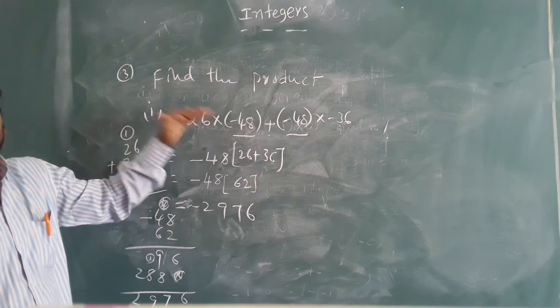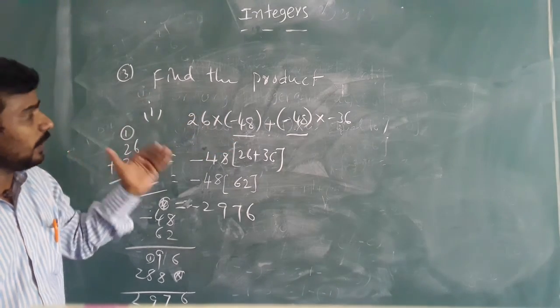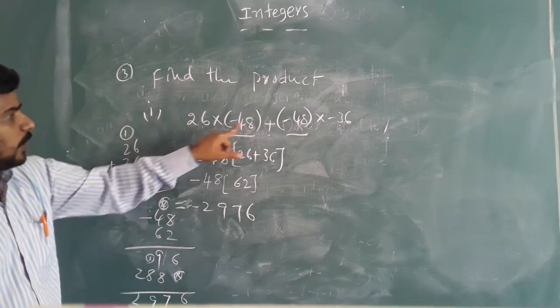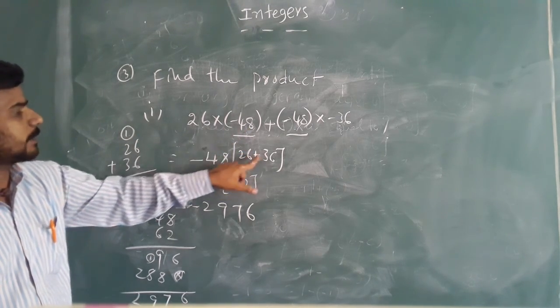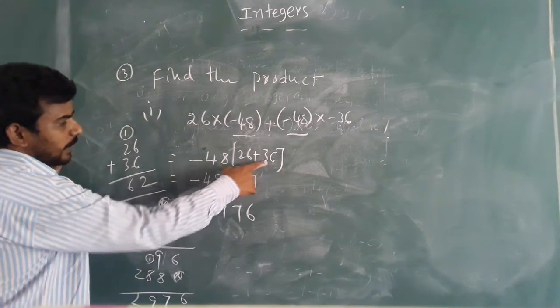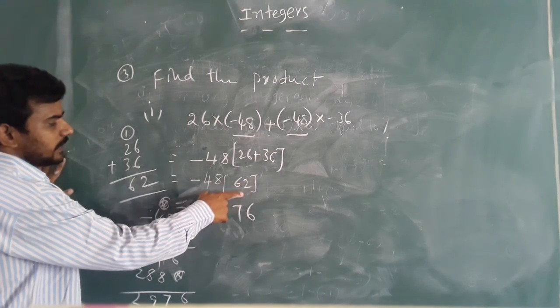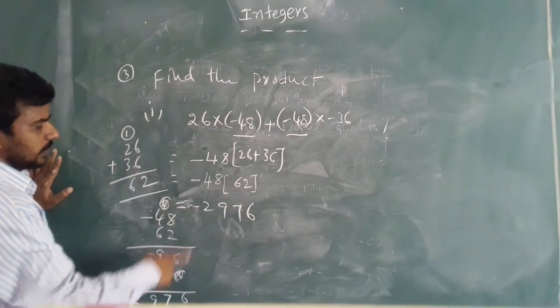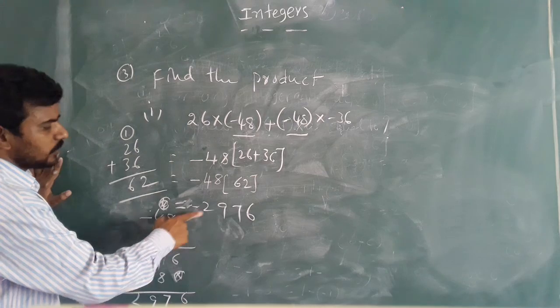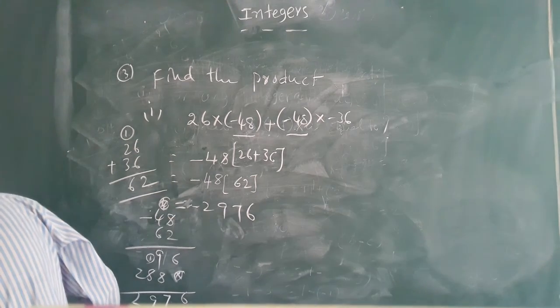Which property? Distributive property under addition. So minus 48 of 26 plus 36. Now addition of these two, 26 plus 36 is 62. So minus 48 of 62, meaning do multiplication. This value is minus 2976. Next, second problem.